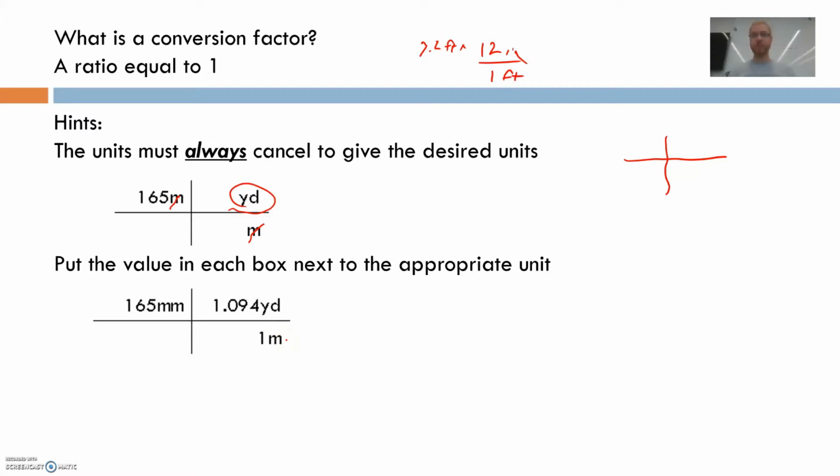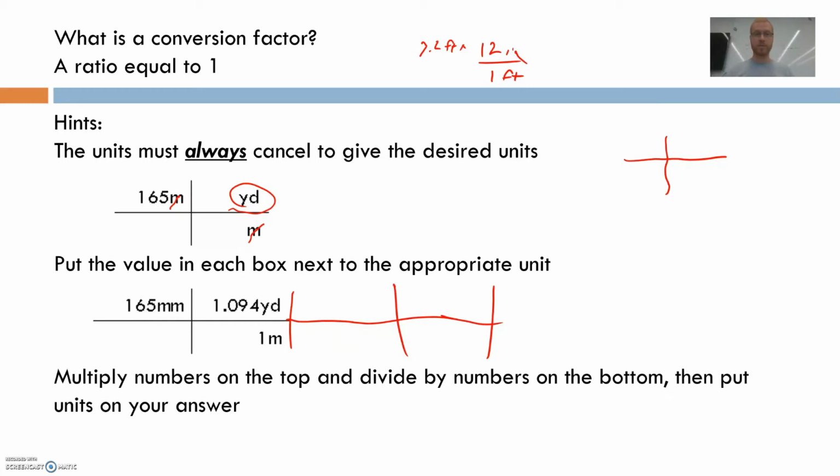Then all we have to do is multiply everything on the top, no matter how many steps there are, and divide by everything on the bottom. Then, because you don't want to crash any satellites, you put units on your answer. When you do that, you get 181 yards.